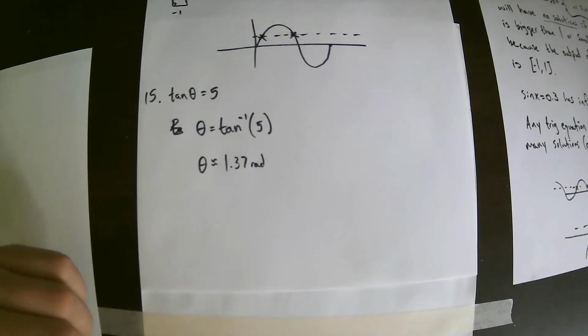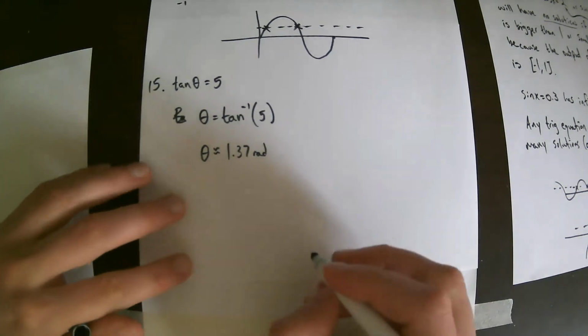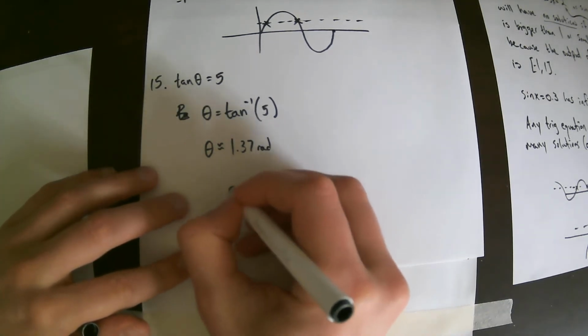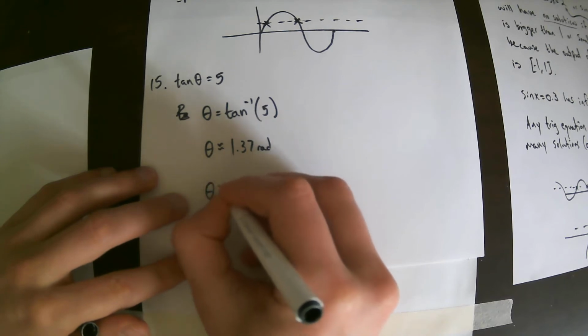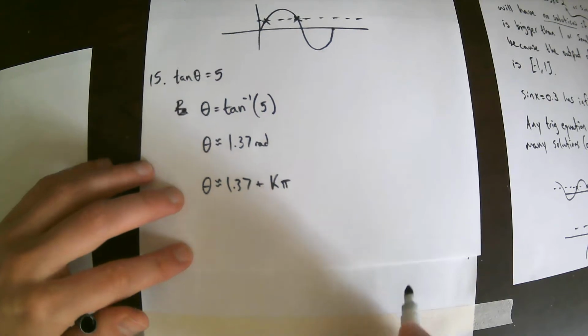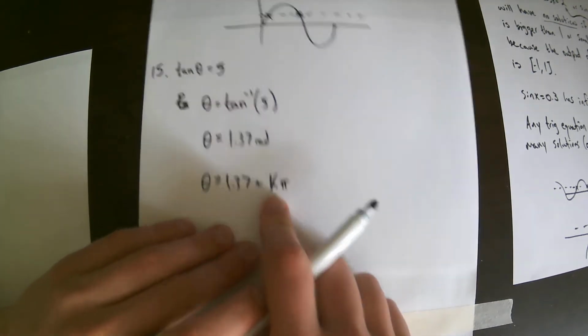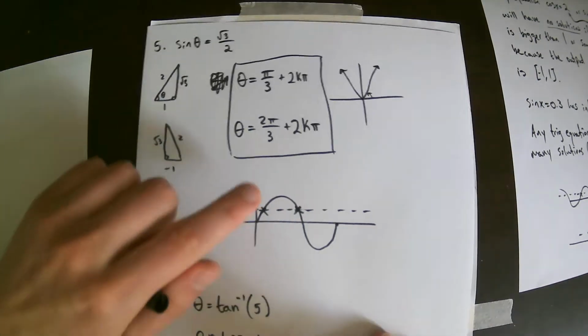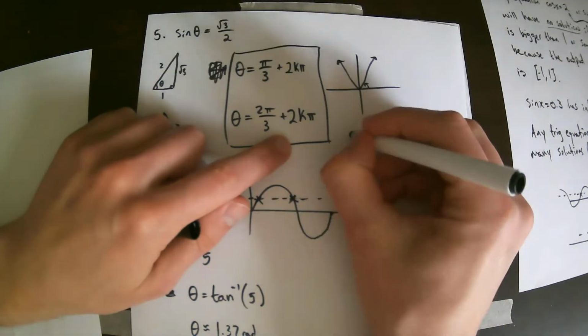Now, my final answer will be theta is approximately 1.37 plus k pi. So why is it just k pi? By the way, k is an integer.